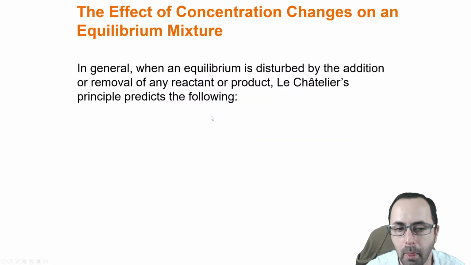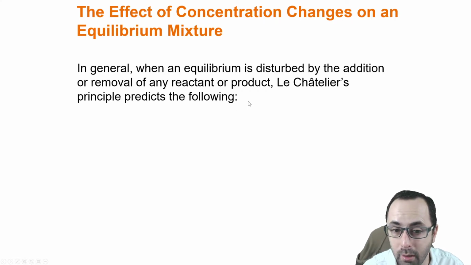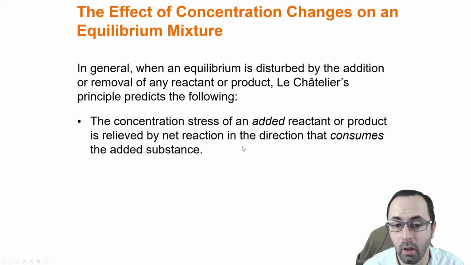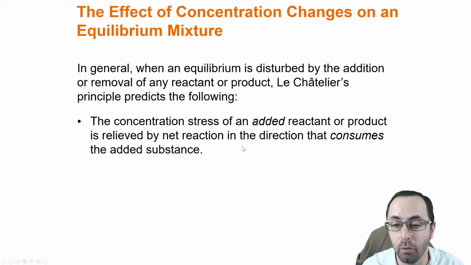So just in general now, to state what happens when you disturb the equilibrium by adding or removing reactants or products: the concentration stress of an added reactant or product is relieved by a net reaction in the direction that consumes that added substance. So if you add something on either the reactant side or the product side, the reaction is going to move in the direction that uses up what you added.